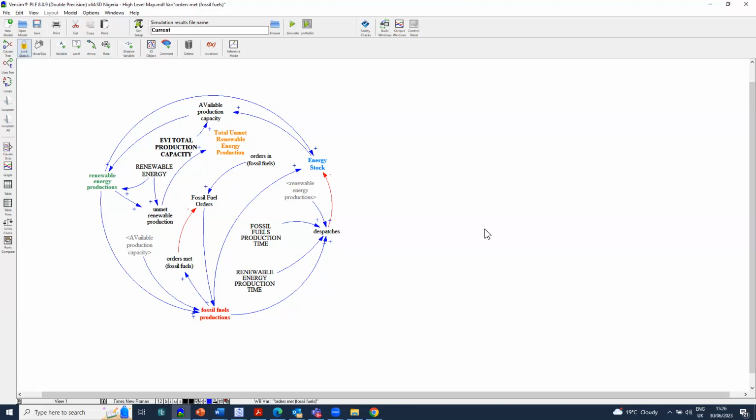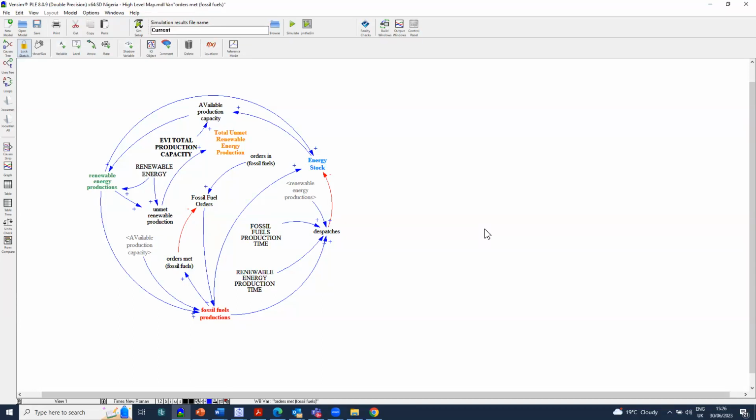I will be switching in and out to also look at the stock and flow diagram and run it. Everyone can pick up anything you want to talk about here for clarification, if you wish.